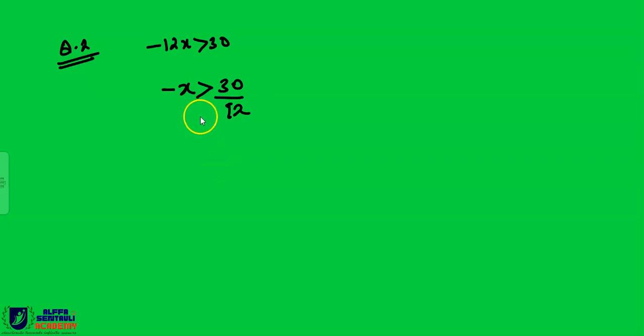Since we do not want any sign on this x, we want only a positive sign, then only we can solve this question. This is the coefficient of x. The coefficient of x should always be a positive number, meaning positive 1, not negative 1. In order to make it positive, I should multiply by minus 1 on both sides.